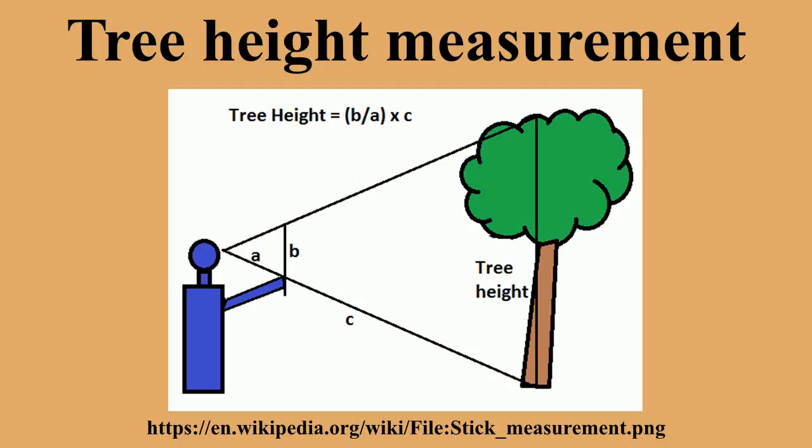Topographic Abney levels are calibrated so that when read at a distance of 66 feet from the tree, the height of the tree above eye level can be directly read on the scale. Many clinometers and Abney levels have a percent grade scale that gives 100 times the tangent of the angle. This scale gives the tree height in feet directly when measured at a distance of 100 feet from the tree.